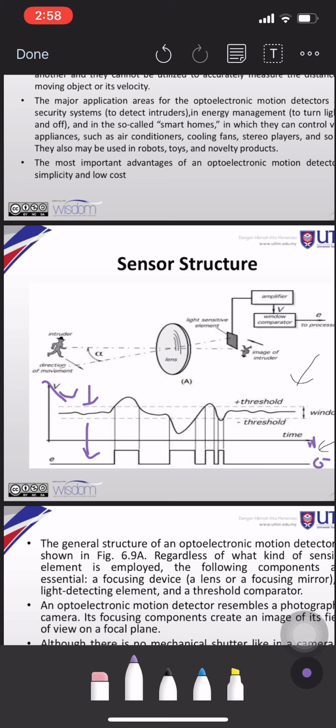Their image on the focal plane also moves. At a certain moment, the intruder's body is displaced by an angle alpha, and the image overlaps with the element. You need to know that detection is produced only at the moment when the object image either coincides with the detector surface or clears it.